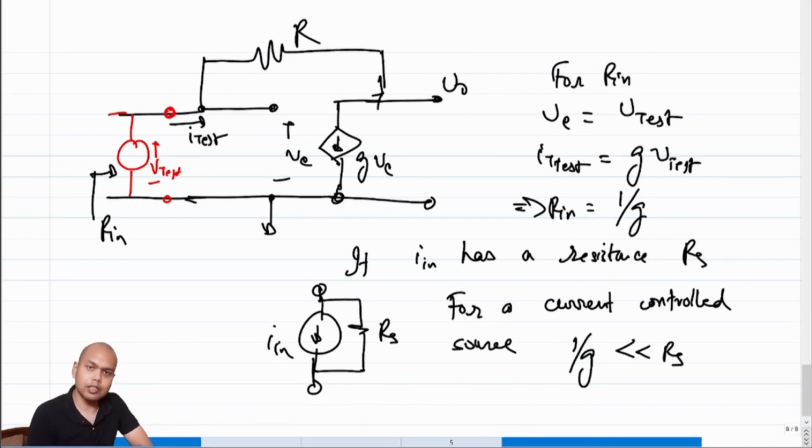Again, note that this is in our control, because this contraption is something that we have put in.